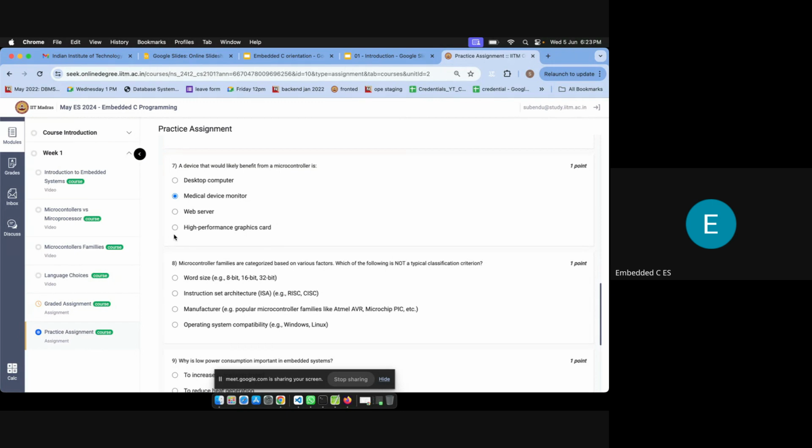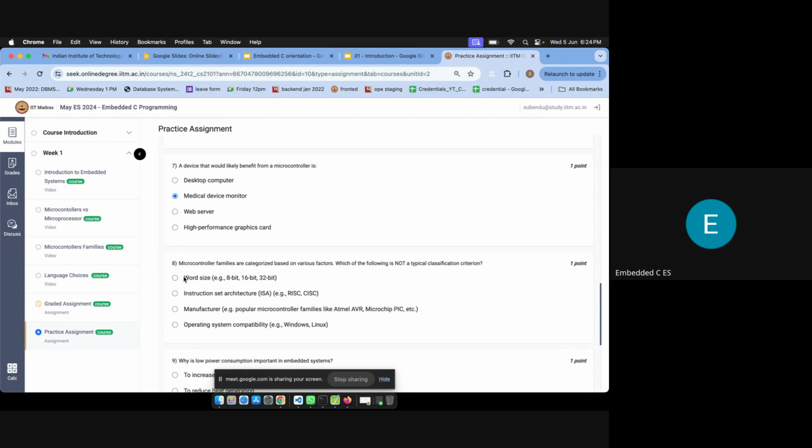Now question number 8. Microcontroller families are categorized based on various factors. Which of the following is not a typical classification criterion? So microcontrollers are categorized on various factors, right? Bit size, like 8-bit, 16-bit, we take into consideration, right?